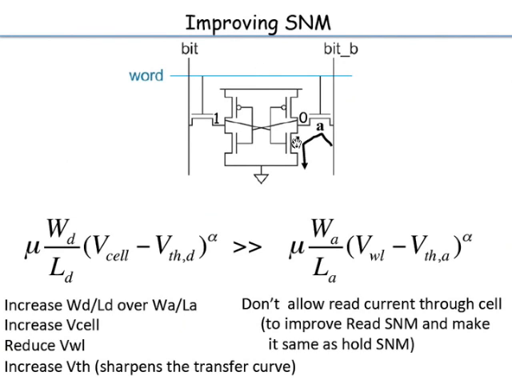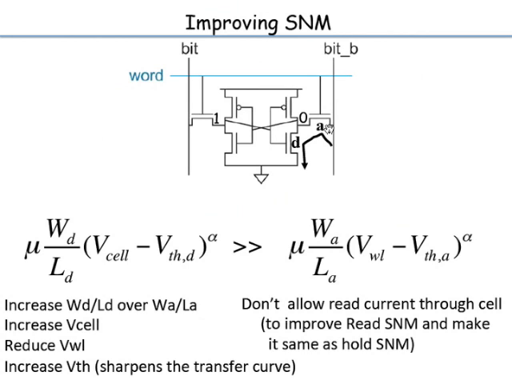So how do we improve the noise margin? You come back to this equation. So we already said increase WD by LD or WA by LA. If you keep LD and LA to be minimum, that is the channel length, then you play around with the sizes. You can increase the cell voltage. Okay. You can reduce the word line voltage. Of course, when you reduce the word line voltage, it has an implication firstly on speed, because the cell current is determined by this transistor.